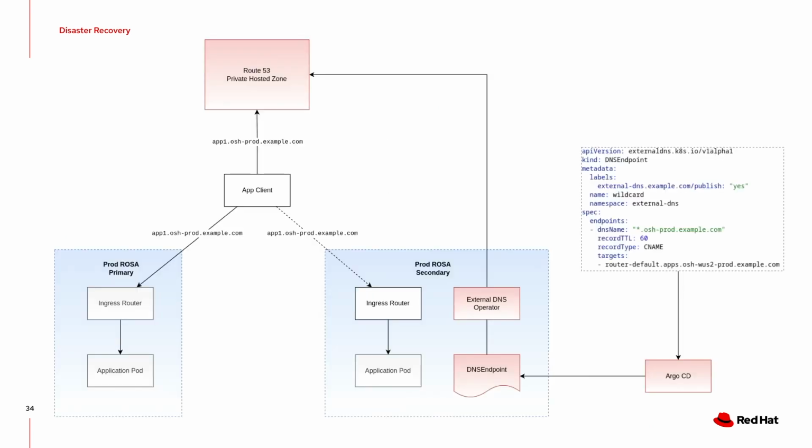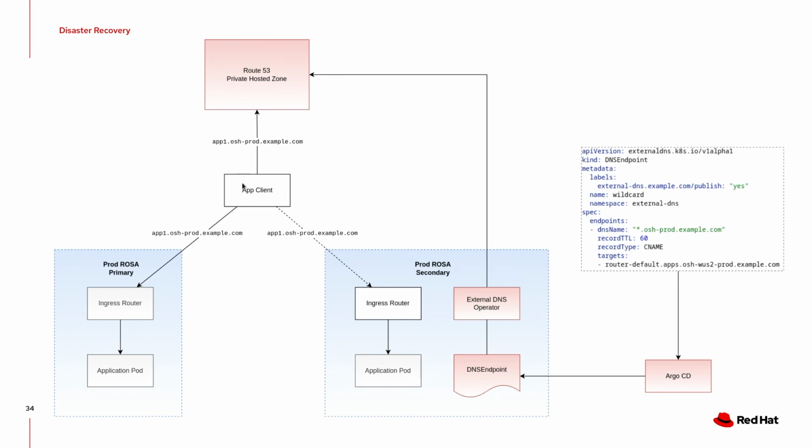The implementation on OpenShift ROSA looks something like this. At the top, you can see that we have our Route 53 private hosted zone. That's where we are hosting the DNS records for our applications. And then we have an application client.